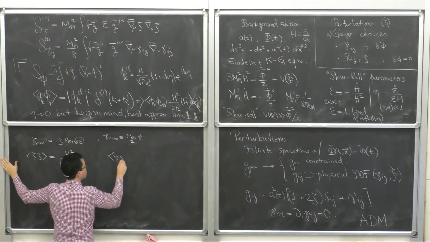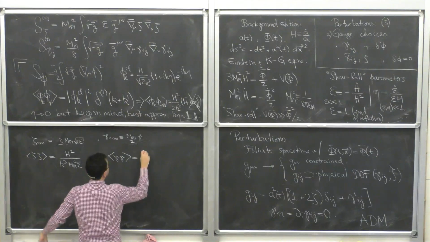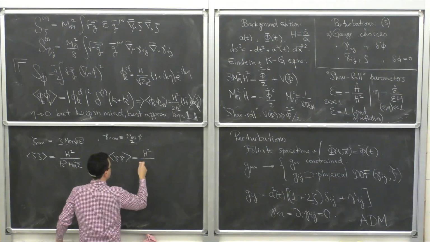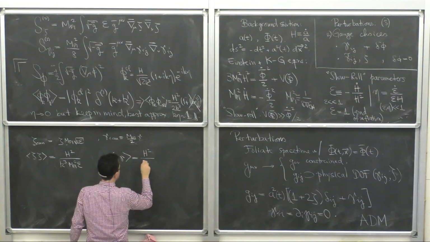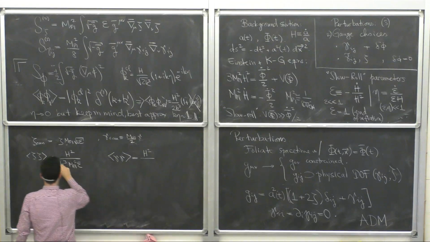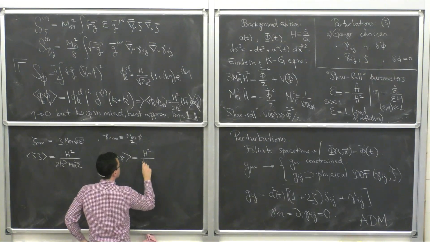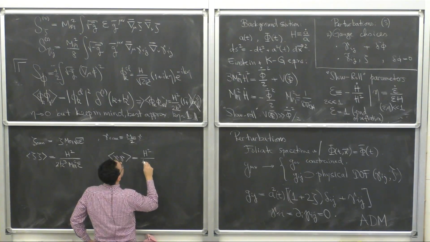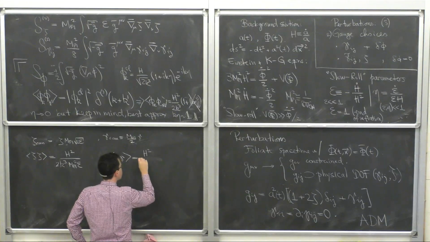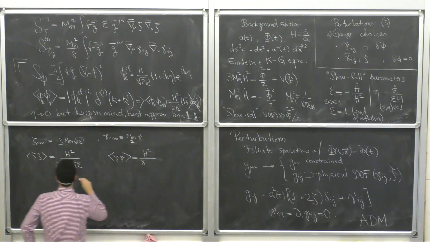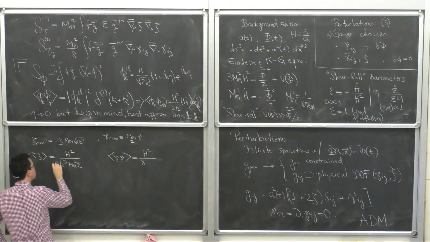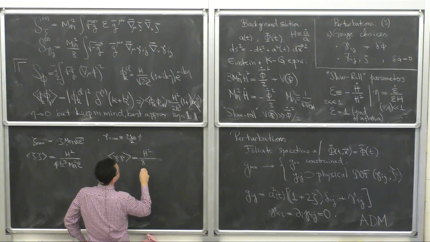And the gamma 2-point function is going to be h squared over, maybe 2 here, 4, 8.